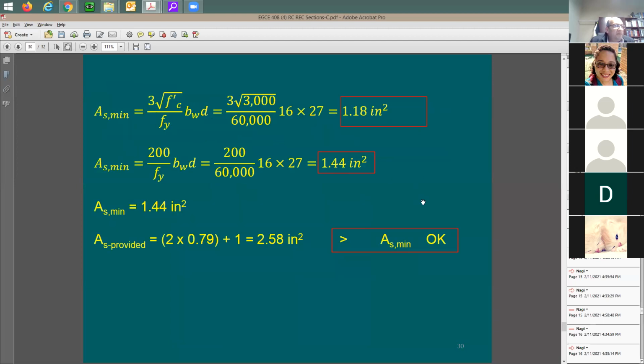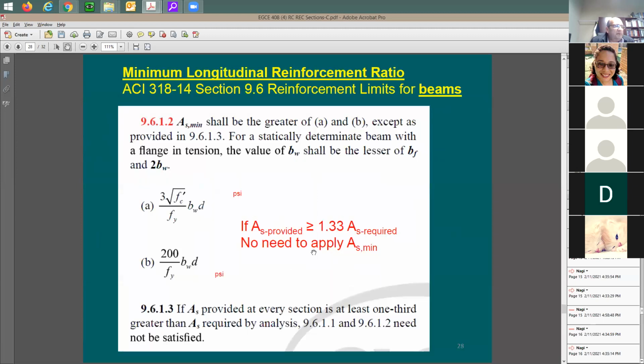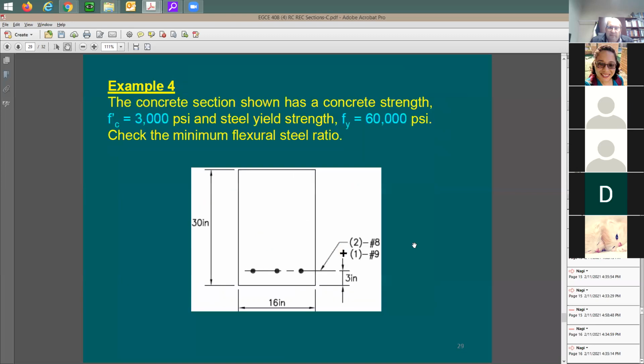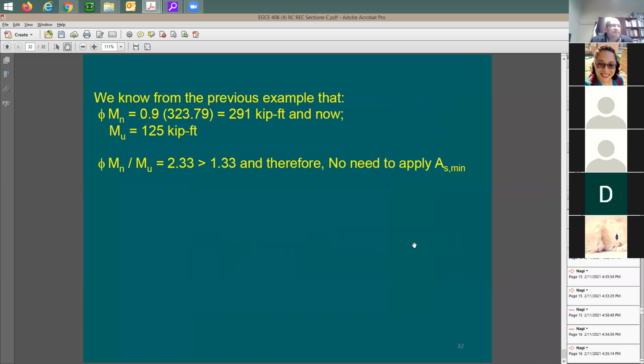With this, what I'm trying to do here is to check this issue. Do we really need all of this reinforcing? Because if you don't need all of this reinforcing, you don't really need to apply A S minimum. So okay. From the previous example here, I know that the capacity is 291.